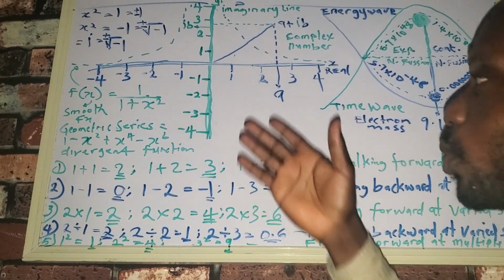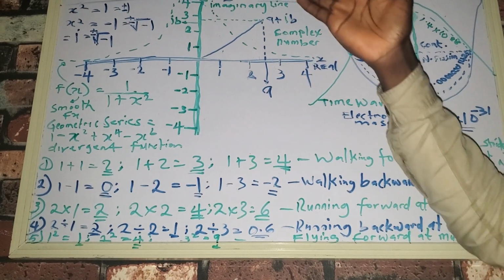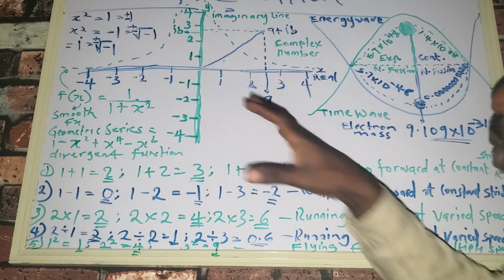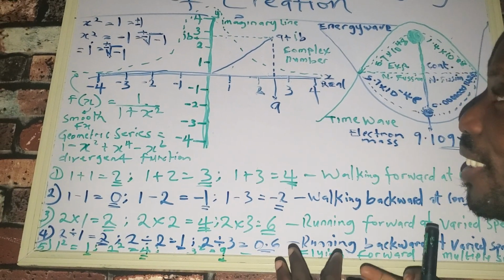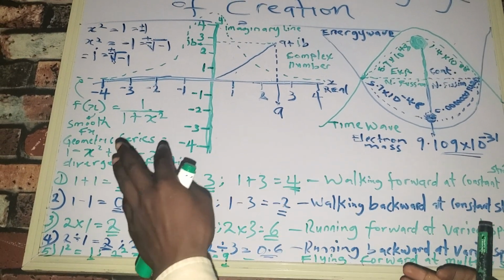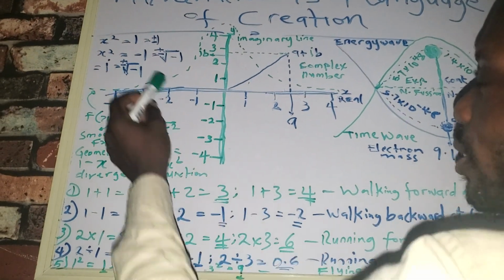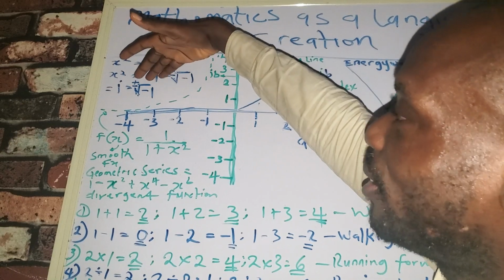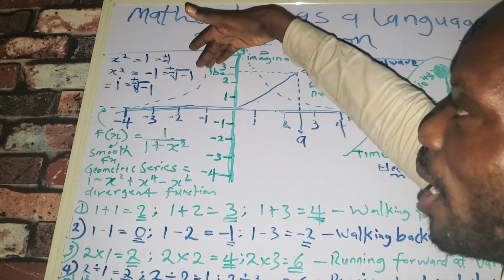So the square root of minus 1 is not a number that we can actually deal with intuitively. And the reason we stopped right here is that we do not have a number system that can explain this square root of minus 1.